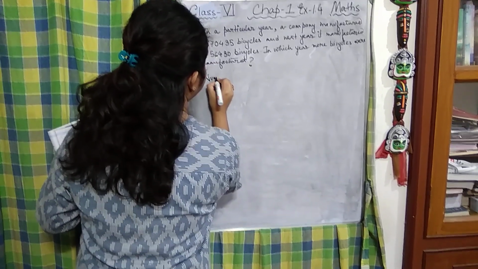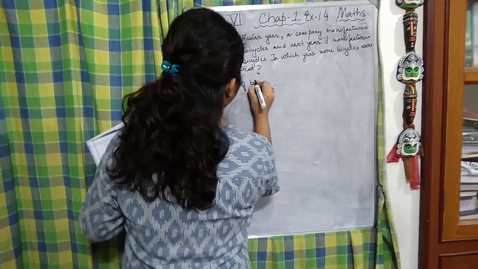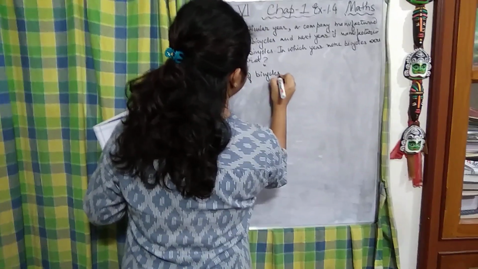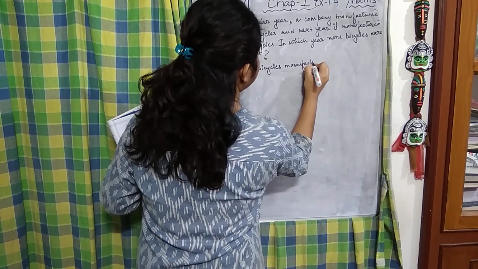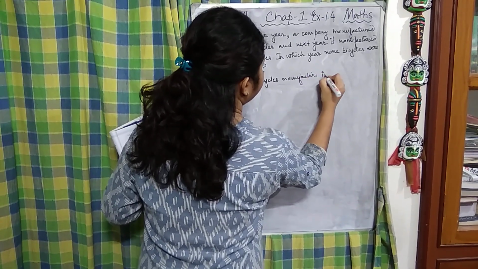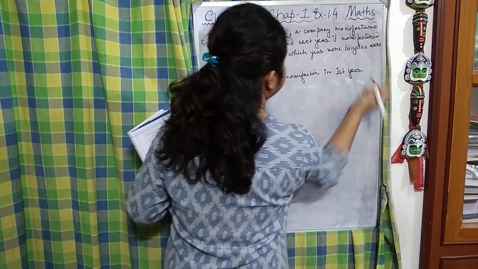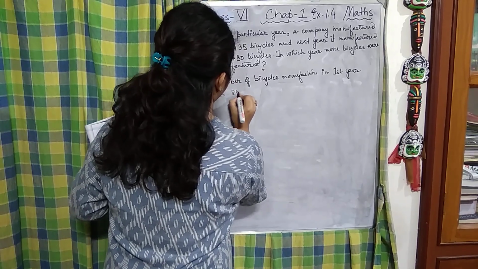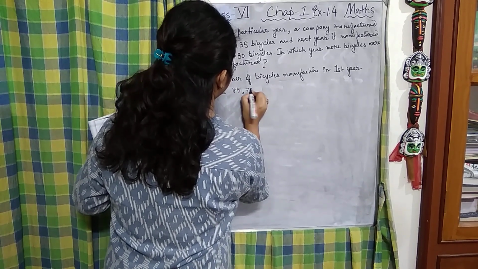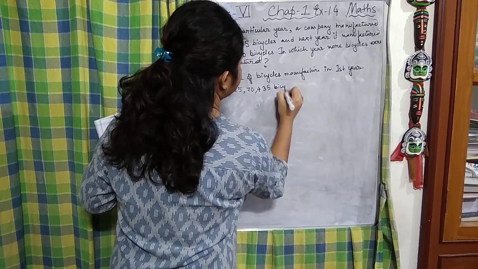The number of bicycles manufactured in the first year. So how much is it? 85,70,435 bicycles.